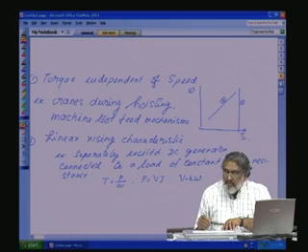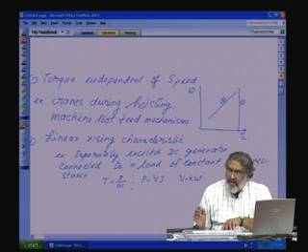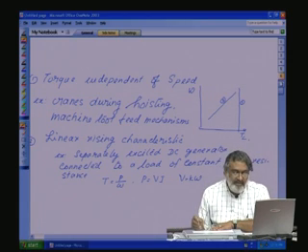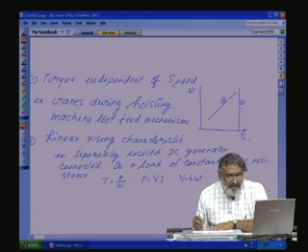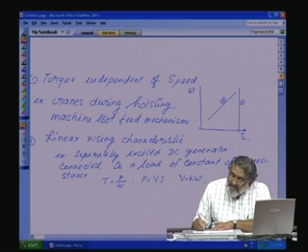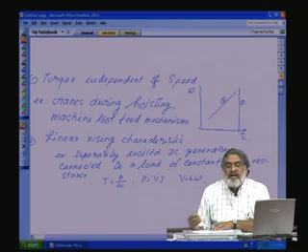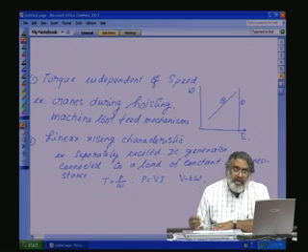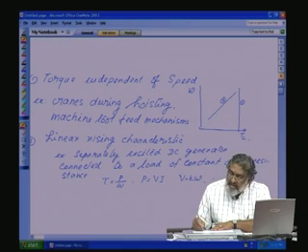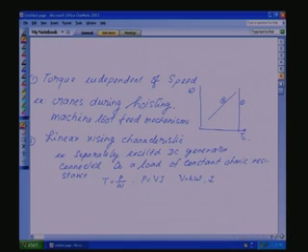We want to bring out the basic relation between the torque and the speed. And what is the current taken by the load from the generator? I is equal to V by R. V is proportional to speed, K omega, divided by our constant ohmic resistance R, so I is K omega by R.